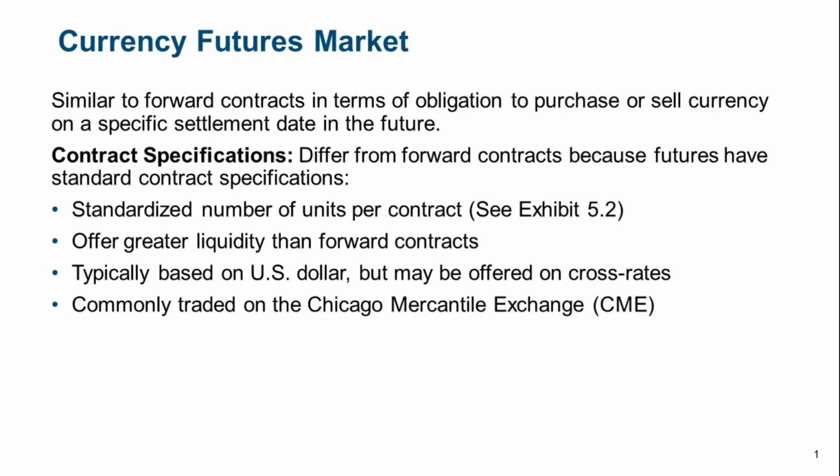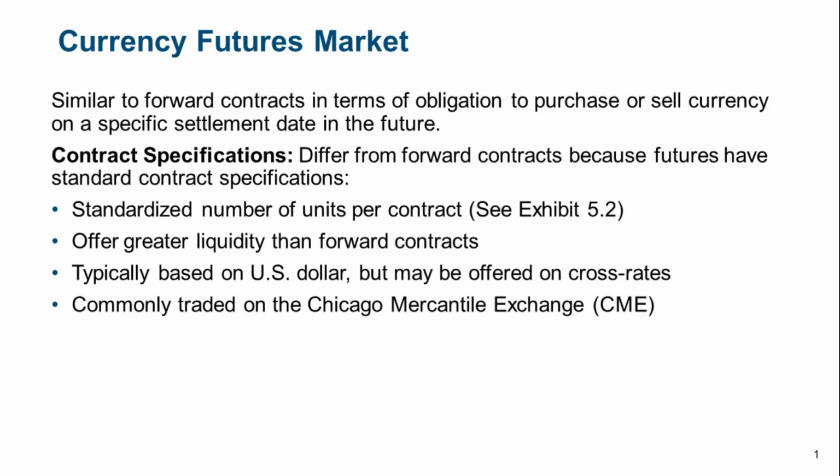The currency futures market is very similar to the forward market, but with some important differences. Like forwards, currency futures are also agreements to buy or sell currency at a set rate on a future date. Unlike forwards, which are private, customized deals, futures contracts are standardized in terms of contract size, settlement dates, and other terms.